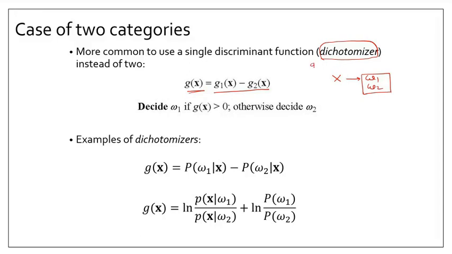So instead of designing G1(x) and G2(x) separately, I can design G1(x) minus G2(x) as a new function g(x). Then I can decide omega 1 if g(x) is greater than 0, otherwise I can say it is omega 2. If I put it equal to 0, that will give me the decision boundary.